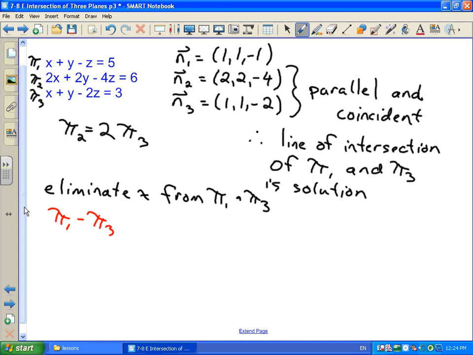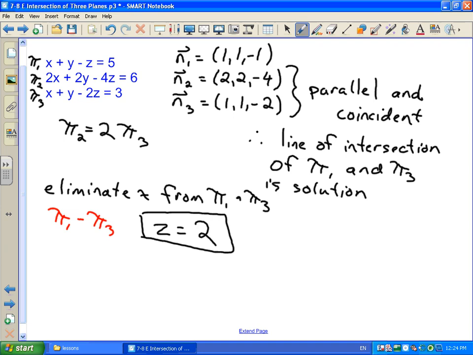Y minus y, the y's go away. Negative z minus 2z gets me negative 3z. And then 5 minus 3 gets me 2. So this simplified a lot. I ended up with just z equals 2.